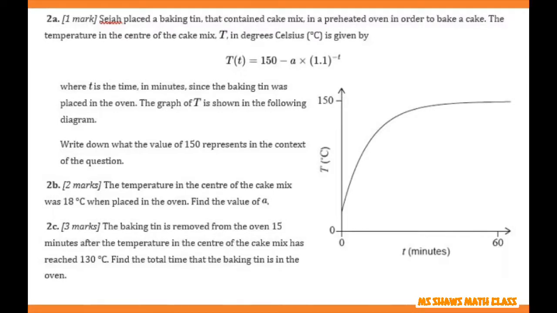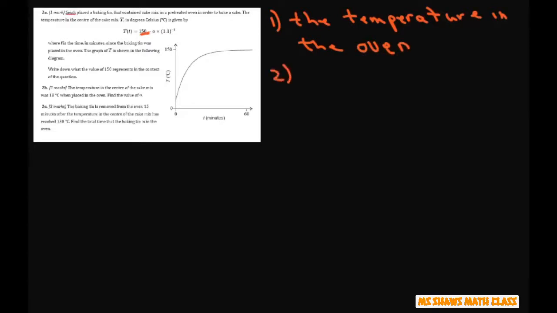So basically, for the first question, it just wants to know what the 150 represents, like your y-intercept. And so you can write 1 or 2 things. You can write the temperature in the oven, or you can write the maximum possible temperature of the cake mix.